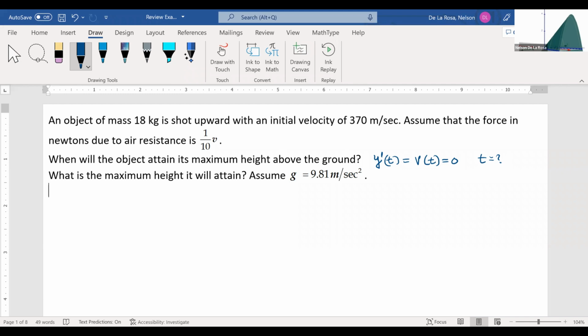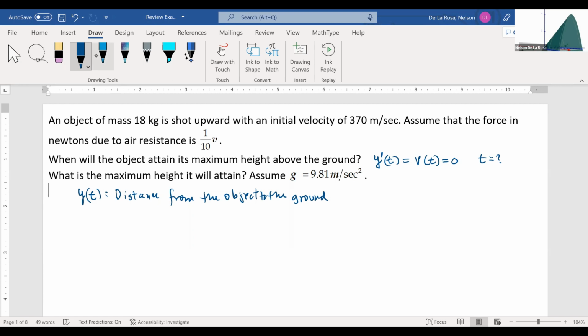So let's say that y of t is the distance from the object to the ground, and this is going to be a function of t.